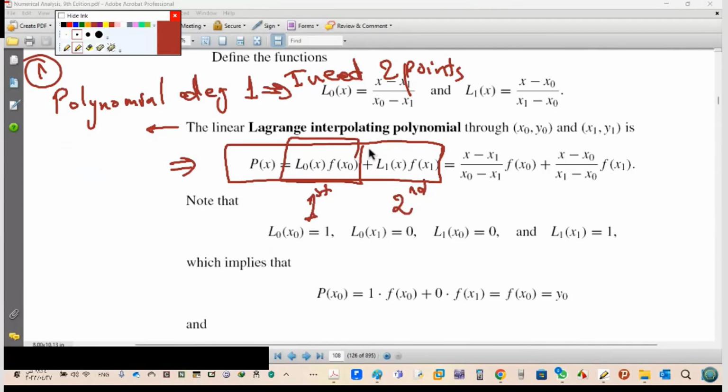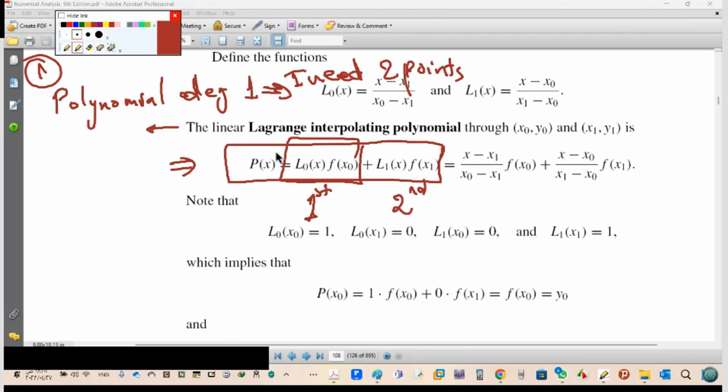For degree 1, I have 2 points: the first one and the second one. How can we find them? That is the question.